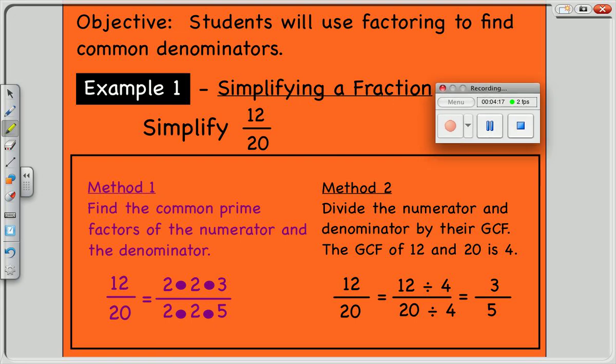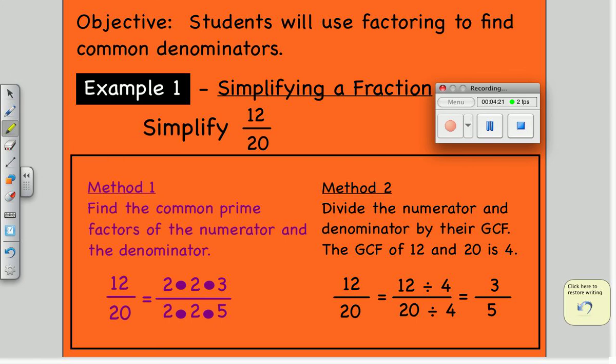All right, so you can write example 1, simplifying a fraction, and simplify 12/20ths. You can write that, but just don't write the methods yet. The first method is to find a common prime factor. To find prime factors, remember, we do factor trees. So I did a factor tree of 12.